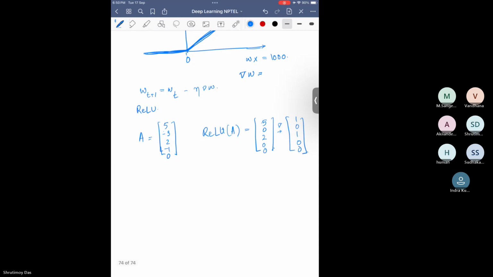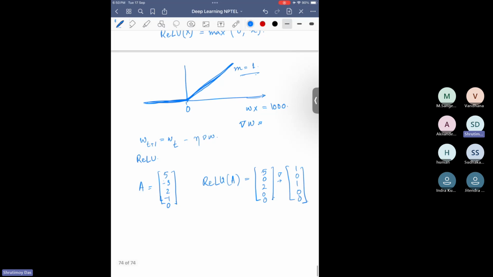So there are still some problems because these are heuristic functions, right? There are no guarantees of why this works, but people see in experiments that these things give good results, so people use it. But because there are no such guarantees, there are still some problems. One problem that people have seen is that at some point your neuron dies.